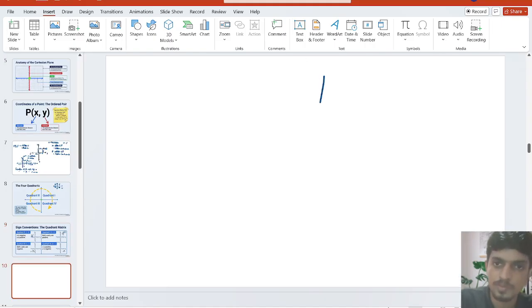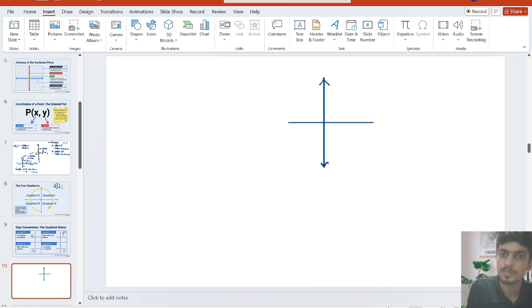Suppose this is a coordinate plane, okay. If x comma y is here and both are positive, it lies in the first quadrant.